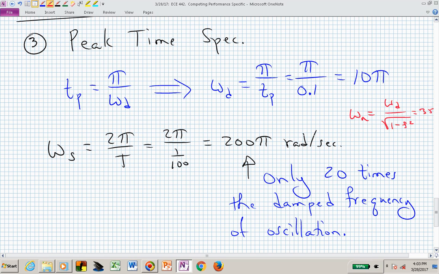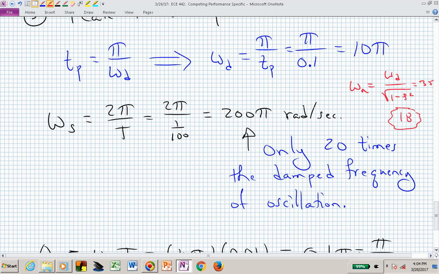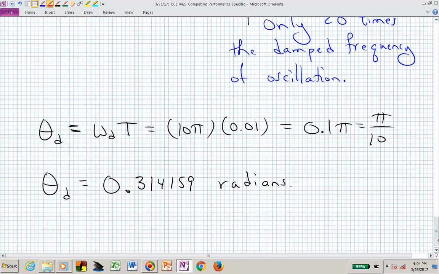And so now if you looked at 200 pi divided by 35, you'll see that we are only sampling at about 18 times faster than our natural frequency. And we usually think about sampling, or the rule of thumb has been 30 times. We'll just keep that in the back of our mind. Now we're seeing that we're not sampling as fast as what we might ideally like to sample, but it's probably still livable with that sampling period.